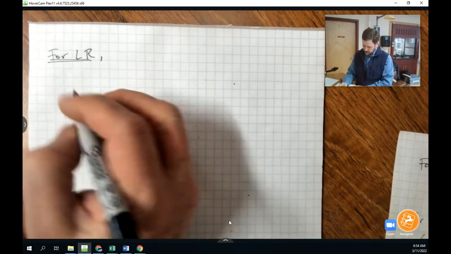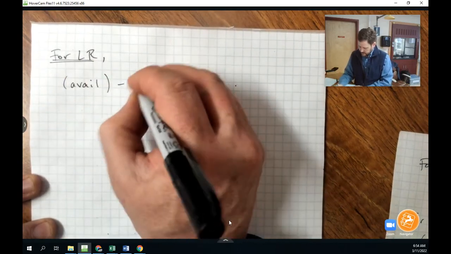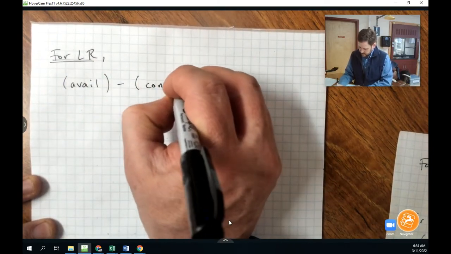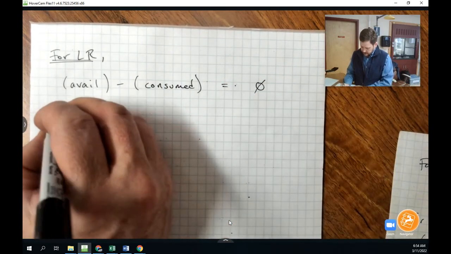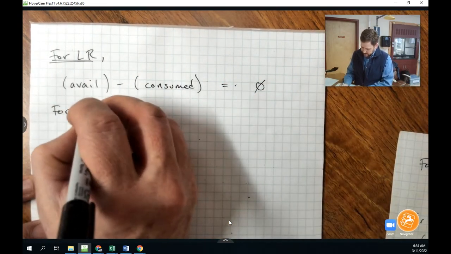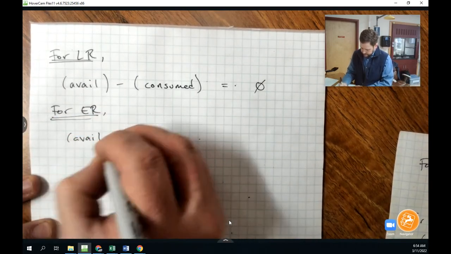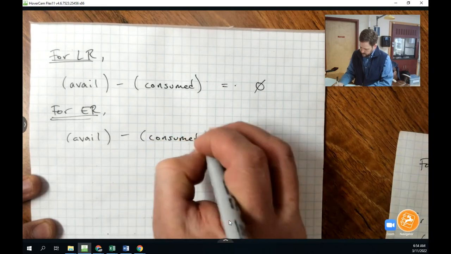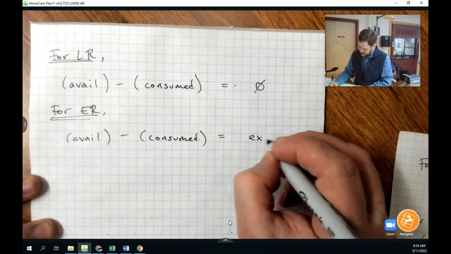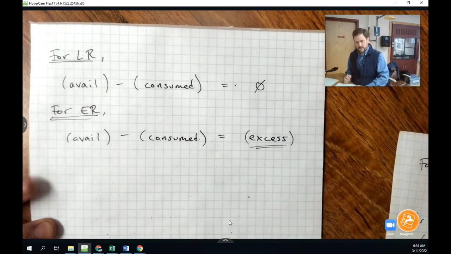So for the limiting reactant, the amount available minus the amount consumed is going to be 0, right? All of it is used up. But for the excess reactant, the amount available minus the amount consumed will not be 0. In other words, there will be some excess.